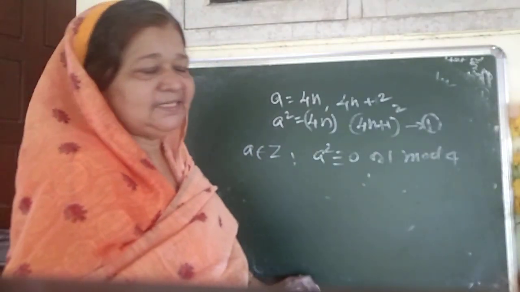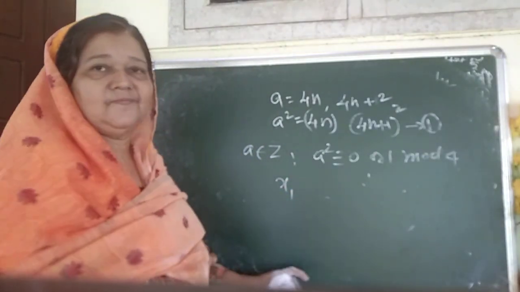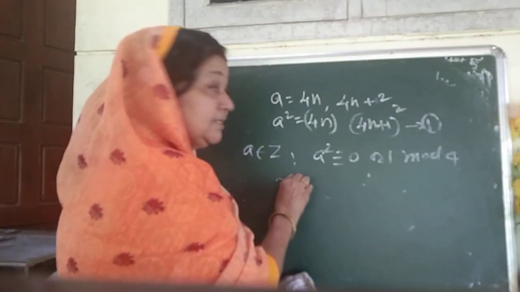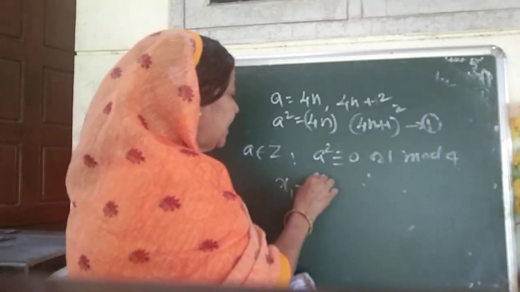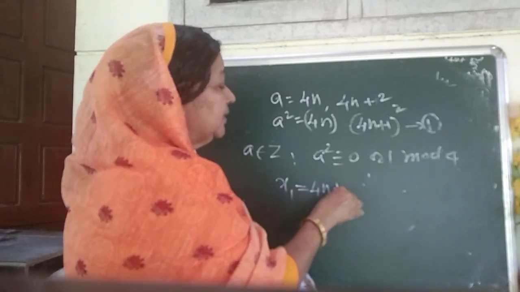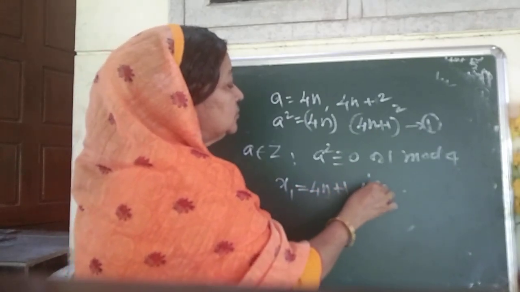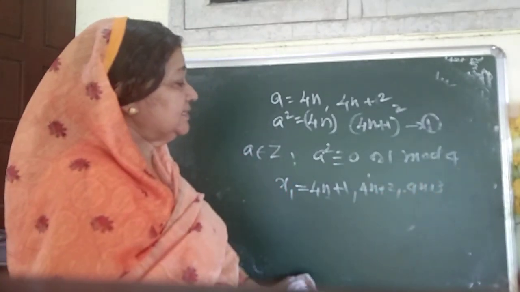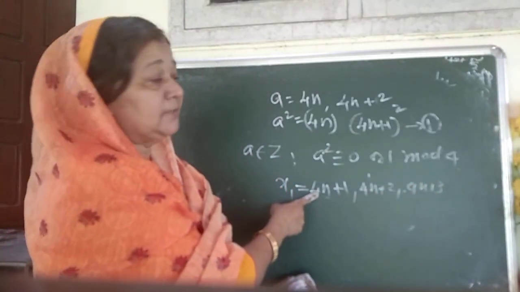Then if x1 is an integer, x1 has four possibilities: 4n, 4n plus 1, 4n plus 2 or 4n plus 3. But we can see that 4n plus 1 is the only possibility.